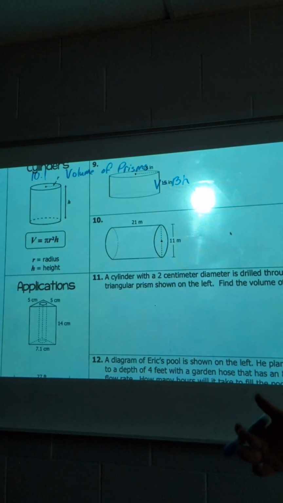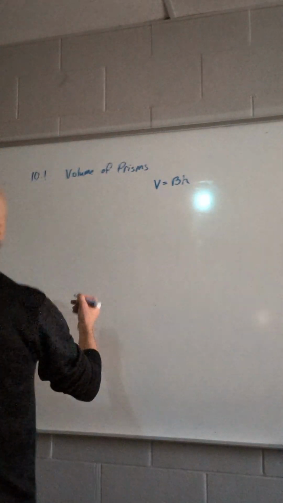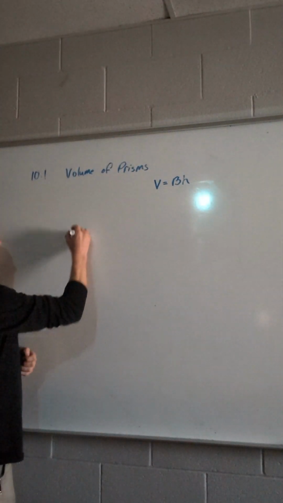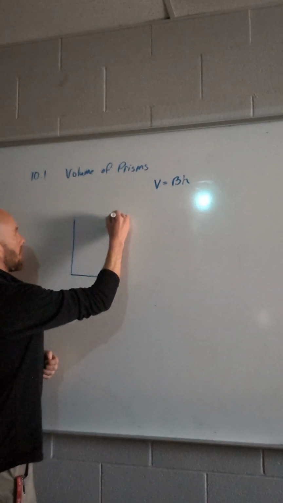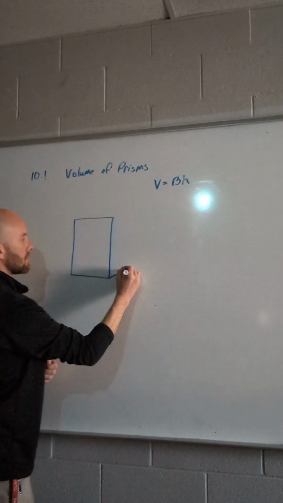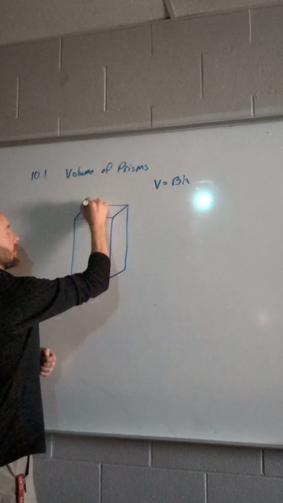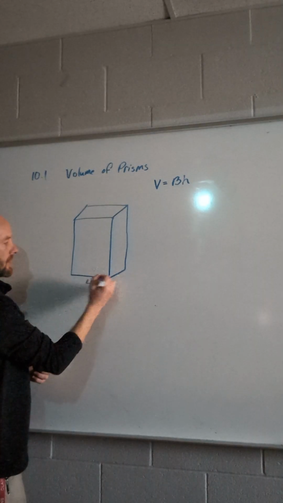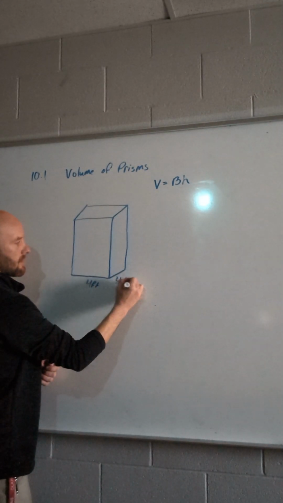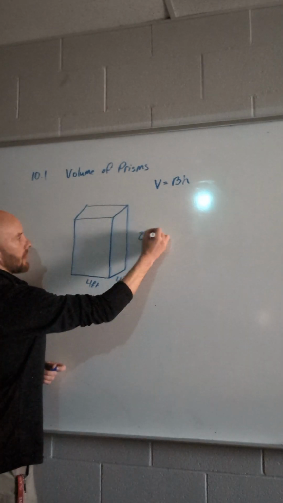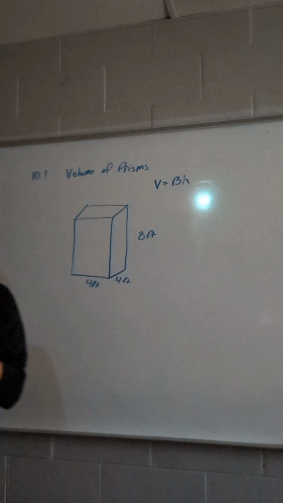In fact, let me just draw one for a second. If I have a rectangular prism, and let's say this is 4 feet by 4 feet and 8 feet tall, I'm trying to find how many cubic feet are inside that.